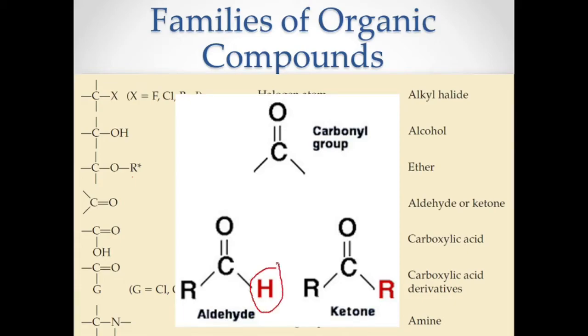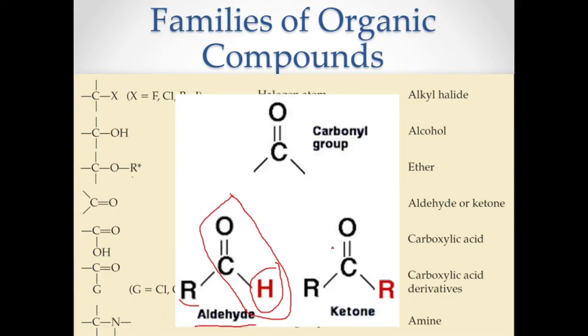If the remaining bonded atom there is H, then this portion here is the functional group for your aldehyde, while your R is for alkyl or aryl. So it could be a CH3 or CH2, CH3, and so forth. We will discuss alkyl compounds later on. And it could also be replaced by an aryl or a benzene or a derivative of a benzene. This portion here, the C double bond OH, is what we call the functional group for aldehyde.